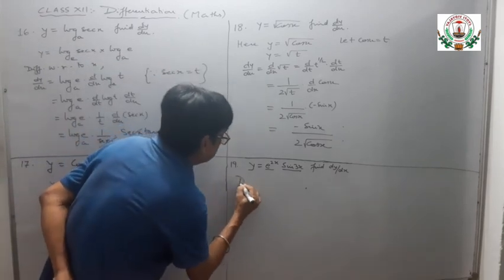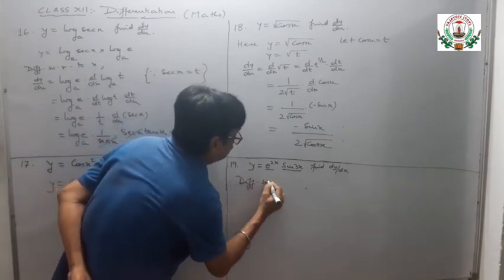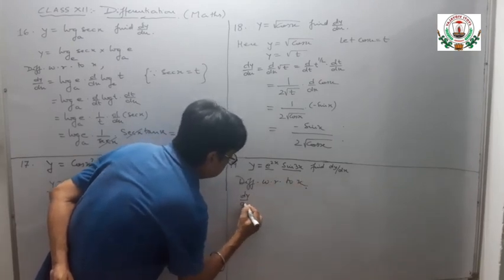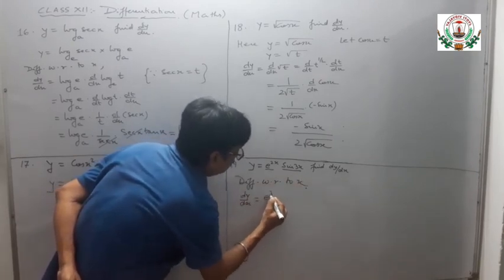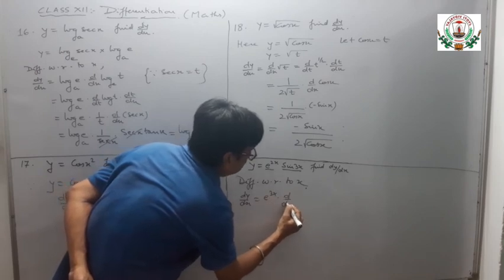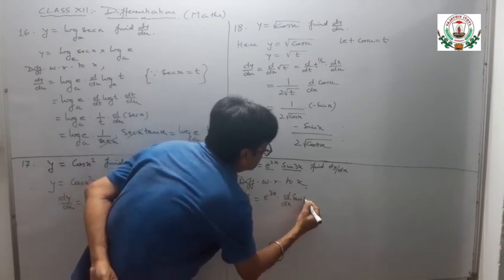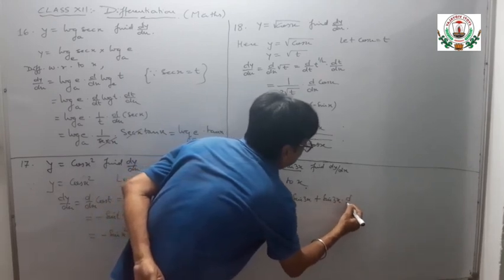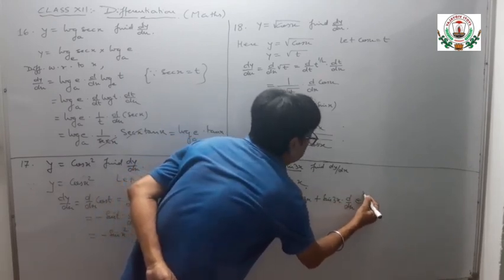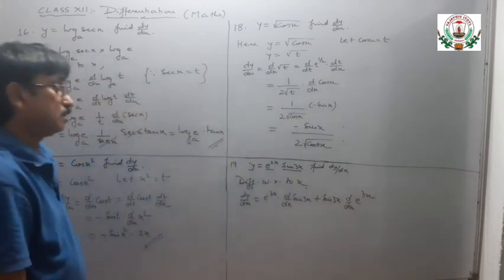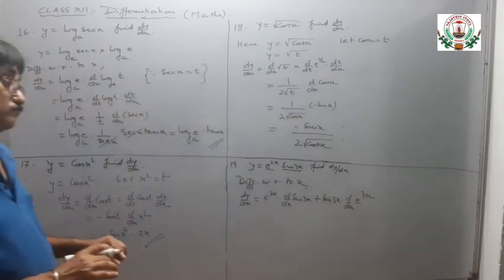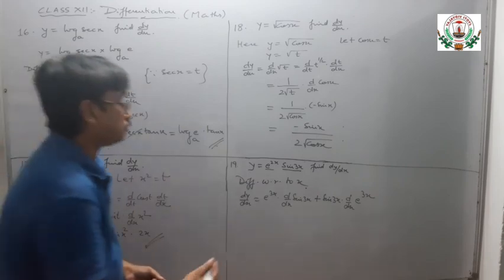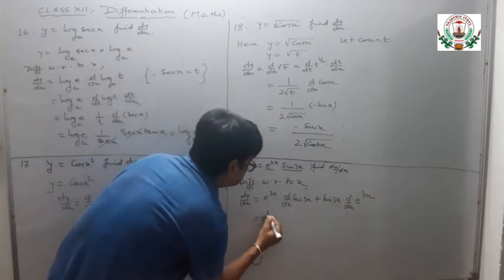So differentiating with respect to x, dy by dx: first function e to the power 3x into d by dx of sin 3x, plus second function sin 3x into d by dx of e to the power 3x. Now we have to solve it directly. So e to the power 3x will be as such.